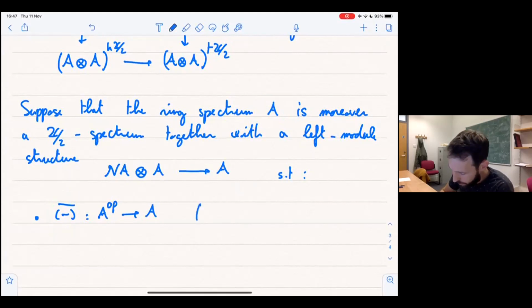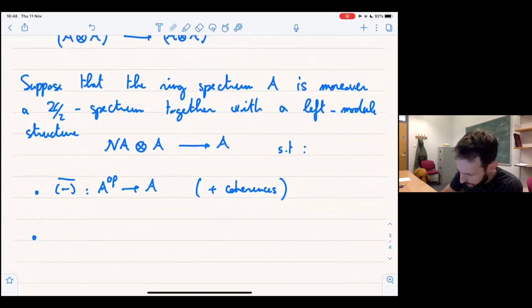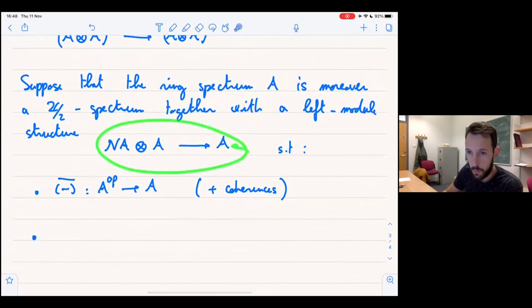And now, but you need to be a bit careful. You need to say this coherently. But if you model this with, say, orthogonal spectra with involutions, then there's no extra coherence, everything is strict. And then second, you want to link this module structure with the multiplication of A. And then you can just say that the underlying map of this thing is basically the triple multiplication.